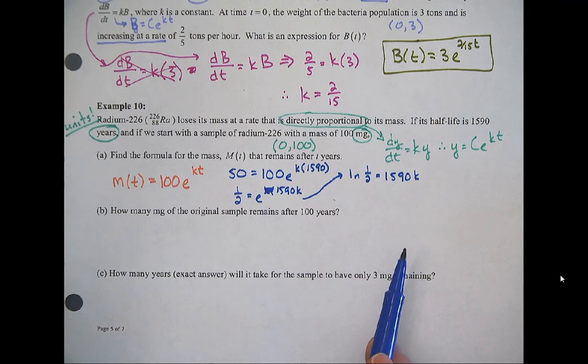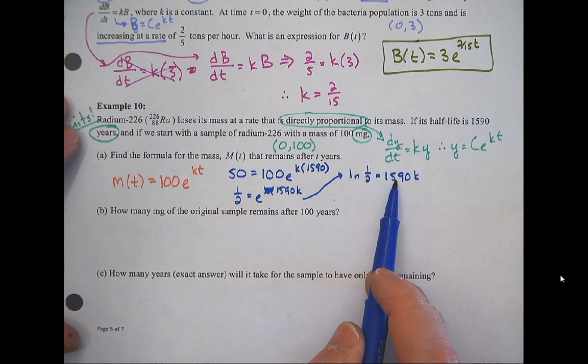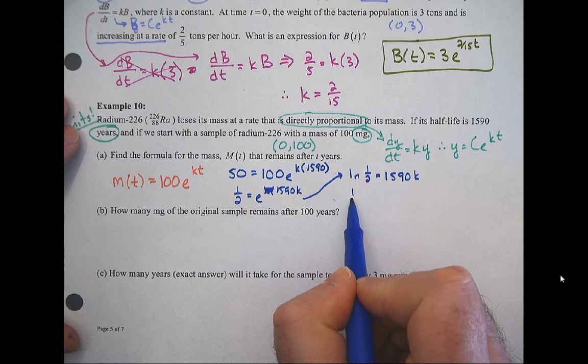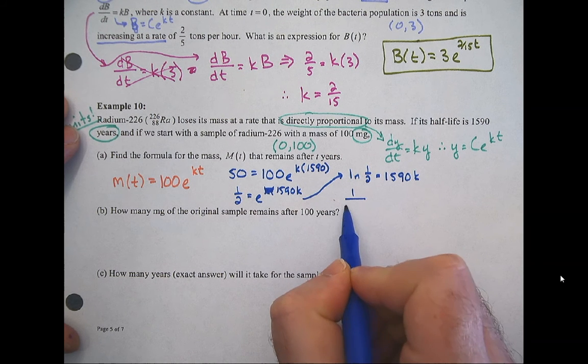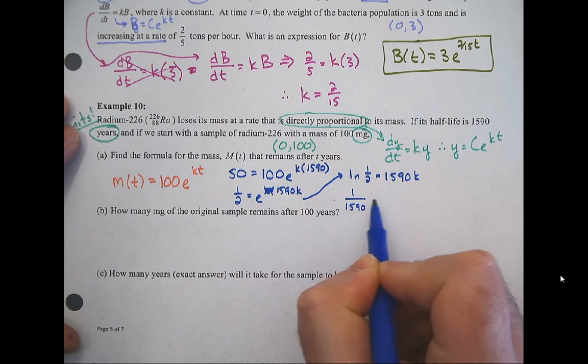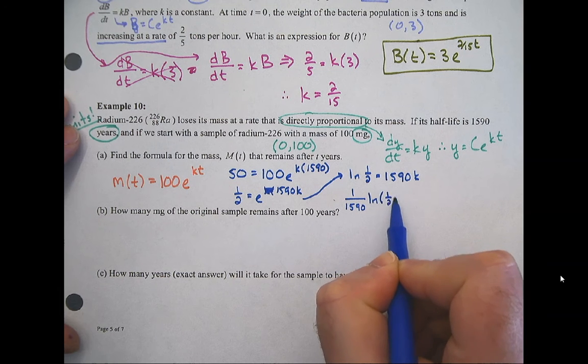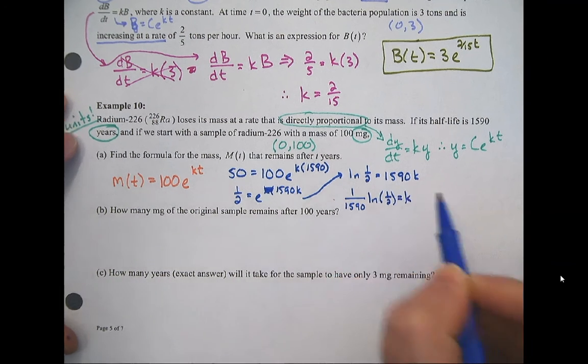And I'm actually going to write this one as 1 over 1590 natural log of 1/2. That's what's equal to k.